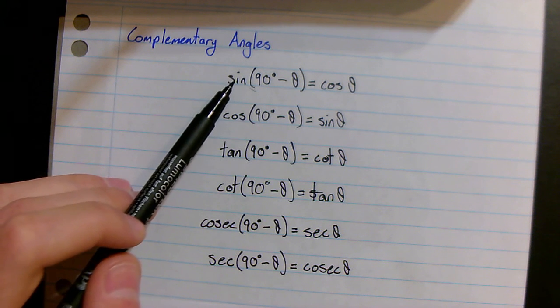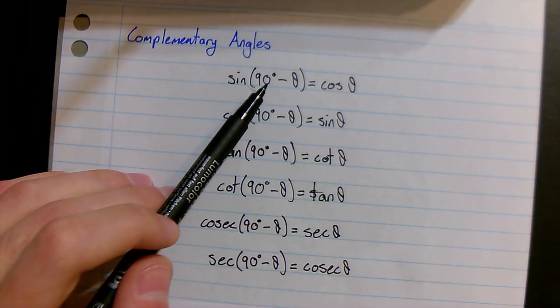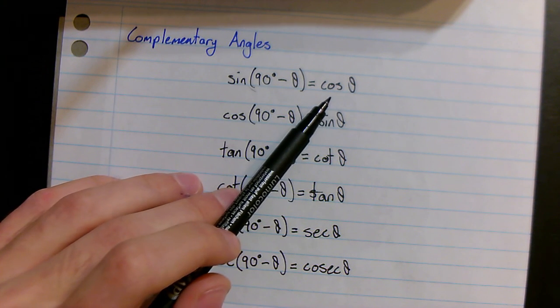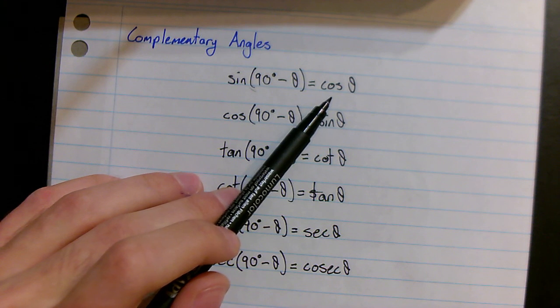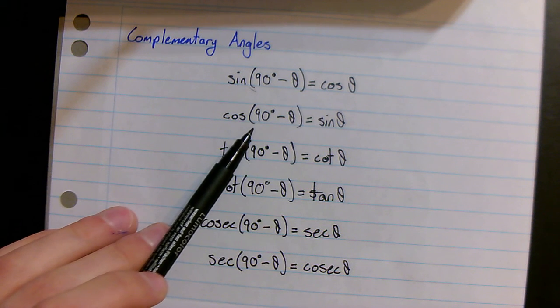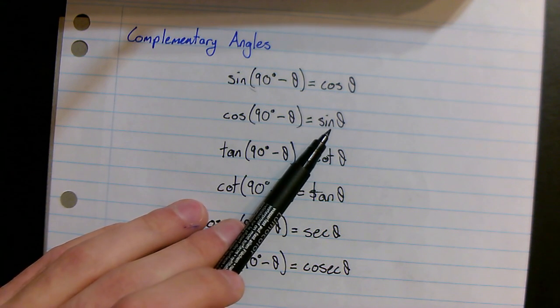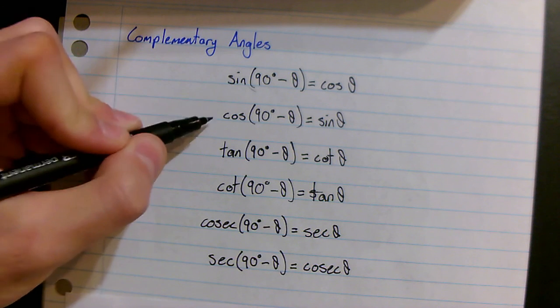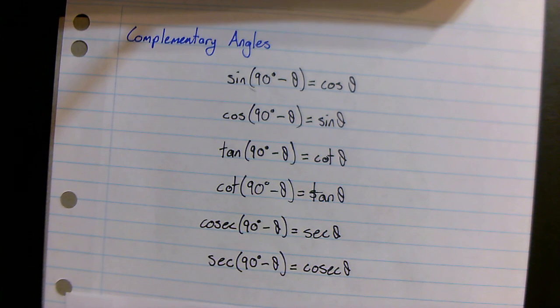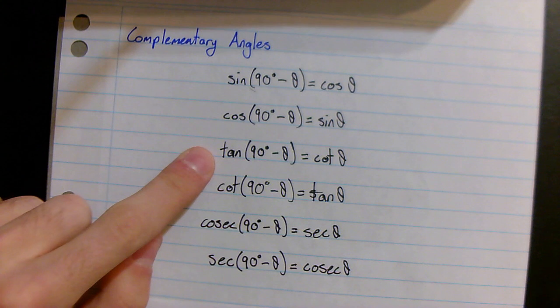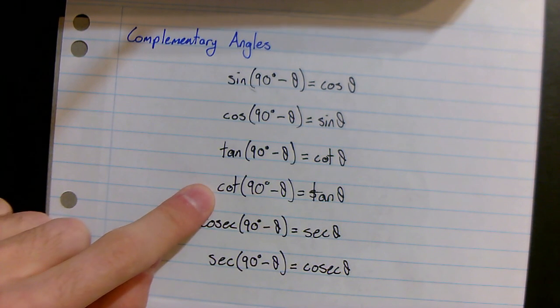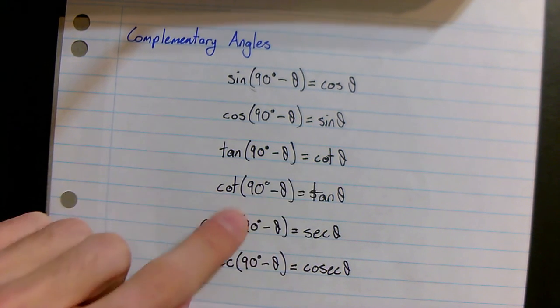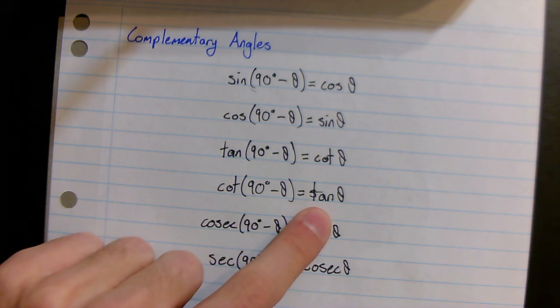Now, we define sine of 90 minus theta is equal to cos theta. And this works in the reverse way, in that cos of 90 minus theta is equal to sine theta. So as we can see, sine and cos relate to each other quite heavily. The next one that we look at is that tan 90 minus theta is equal to cot theta, and that cot 90 minus theta is equal to tan theta.